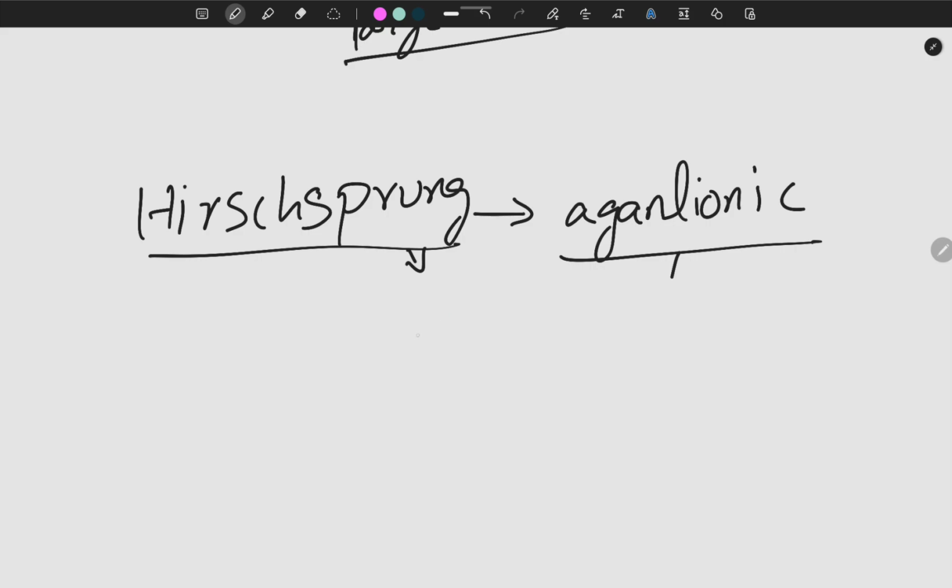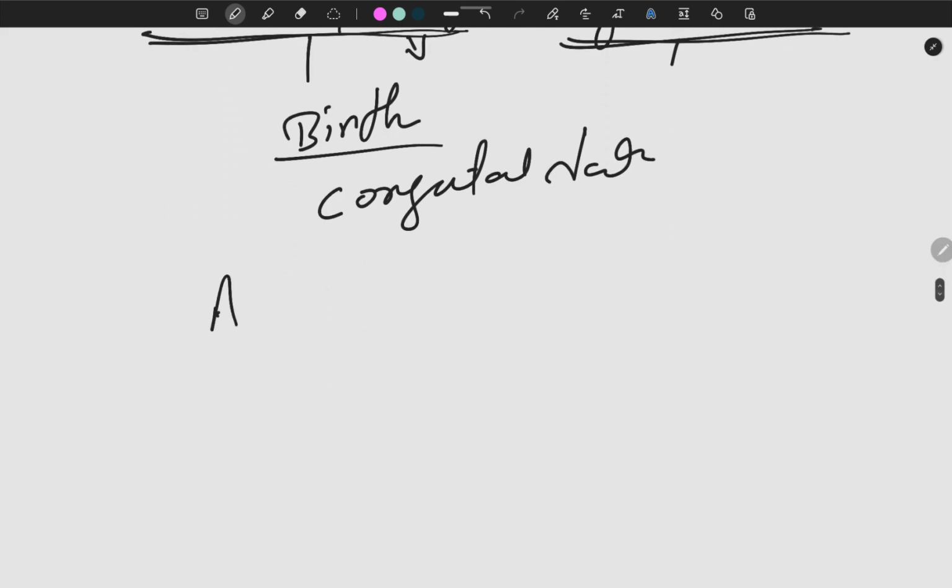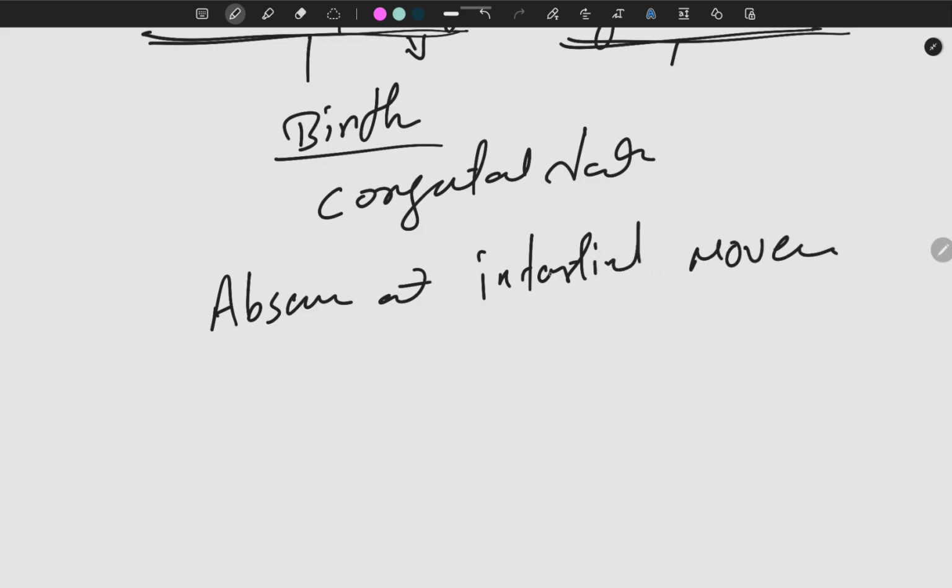This condition comes from birth, so it is a congenital deformity. The absence of ganglionic cells leads to the absence of intestinal movement. In the absence of intestinal movement, obstruction of the stools will take place.